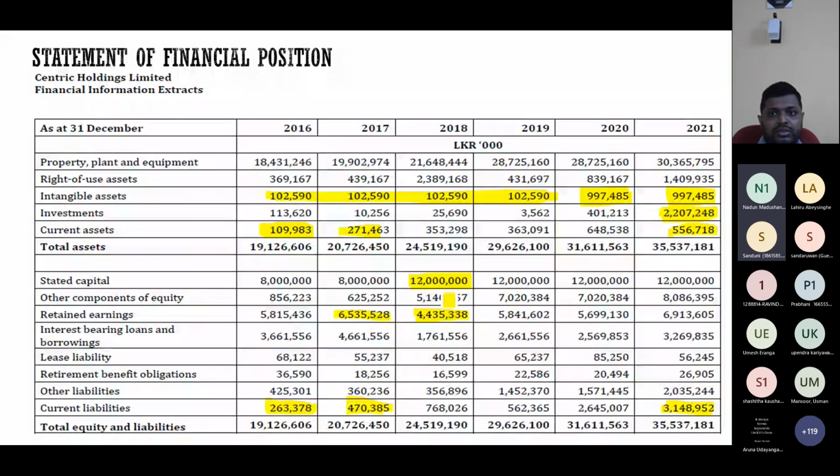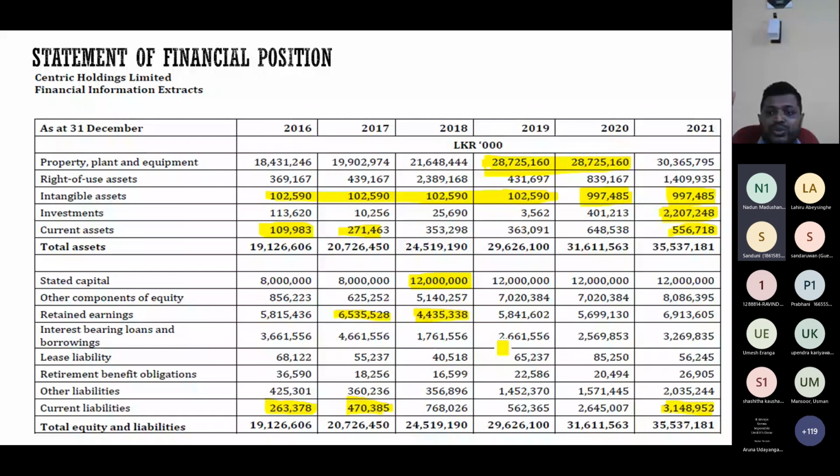We have to think, because it has remained the same in the other years, and this one also I couldn't highlight whether they are not depreciable assets. Then how does it come the same property, plant and equipment over the period? Those are some deficiencies while analyzing this financial statement, which you can identify.